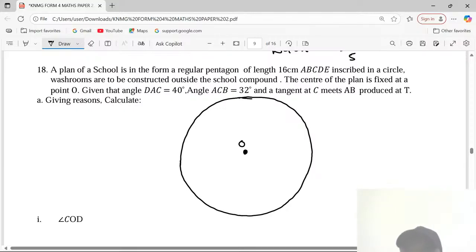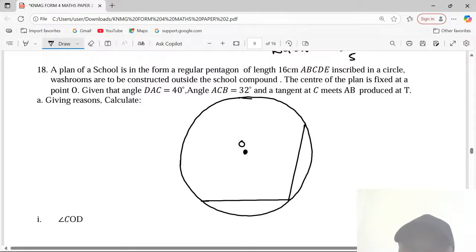pentagon, 16 centimeters length. So we start with 16 centimeters here. Measure 16 centimeters like that. Then an angle of 108 should be measured. Remember, I'm just sketching, so it is not even a must for the angle to be 108. Then we produce again an equal length.